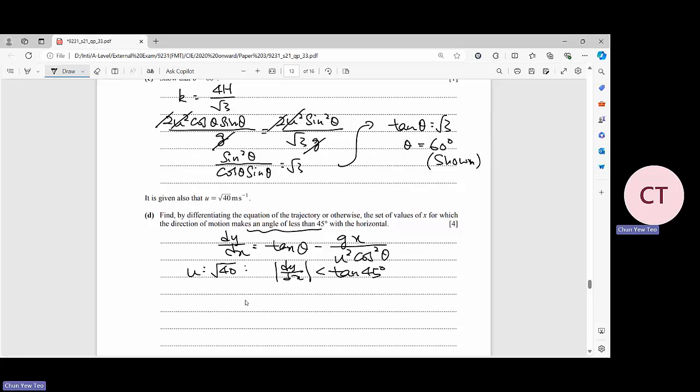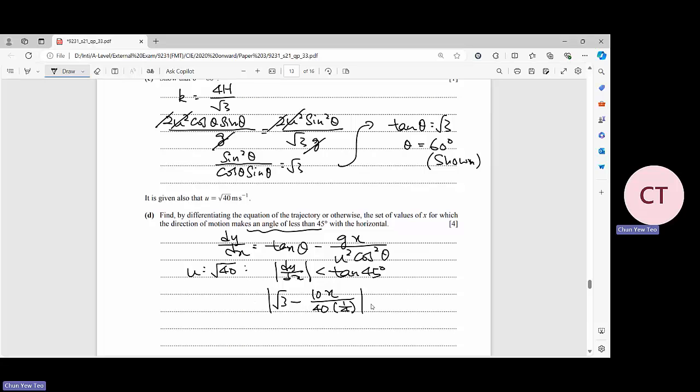So this will be tangent theta minus, I think the g we can make it become 10. The u square is 40. Sorry, tangent theta, theta was 60 degrees. Okay, 60 degrees. I forgot to put in the 60 degrees here. So this one is root 3. This one is cos 60 square, which is 1 over 4.